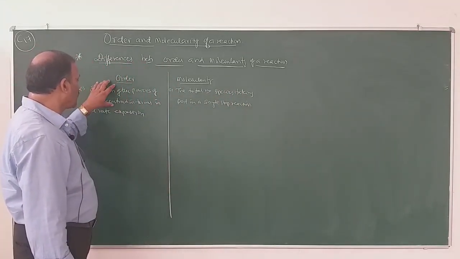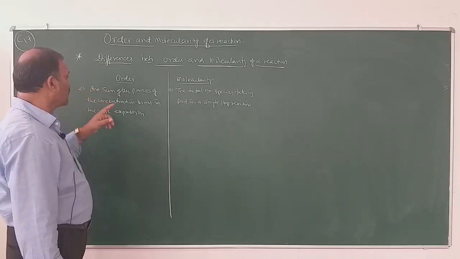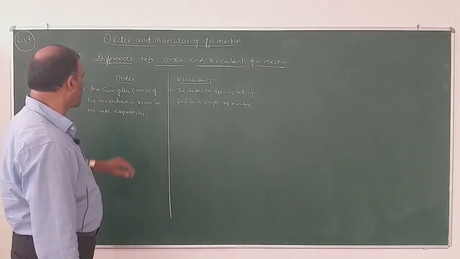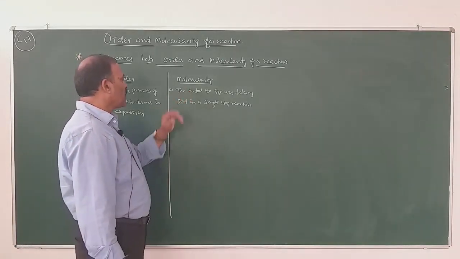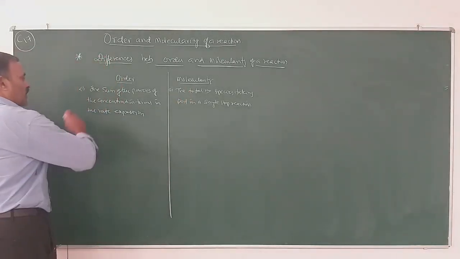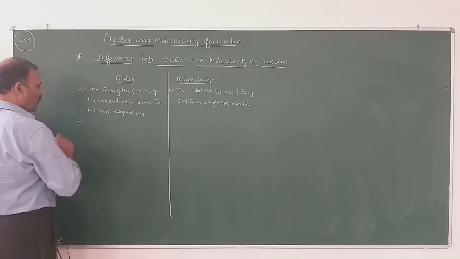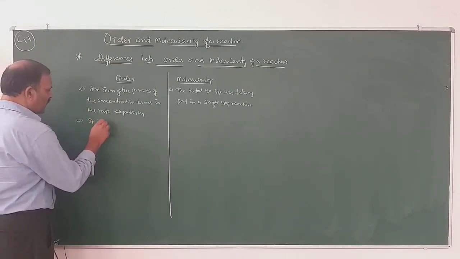So to determine order, we have to consider the powers of the concentration terms in the experimentally determined rate expression. For molecularity, we can just count the number of reacting species. Number 2, order is an experimental quantity.